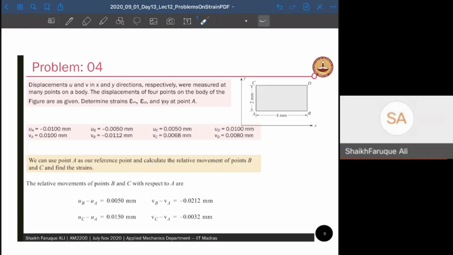Displacements U and V in the x and y directions respectively are measured at various points across the body, and the values for them are given, right? So UA is given, VA is given, so this point has moved to a new point, and the new point is here.